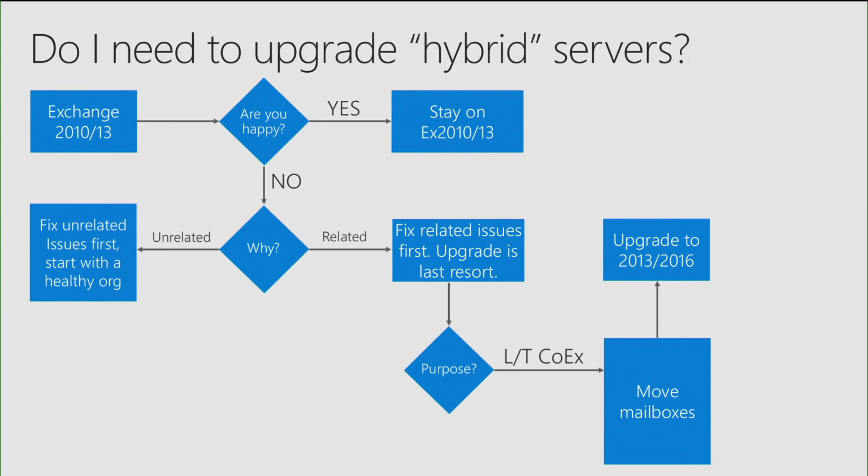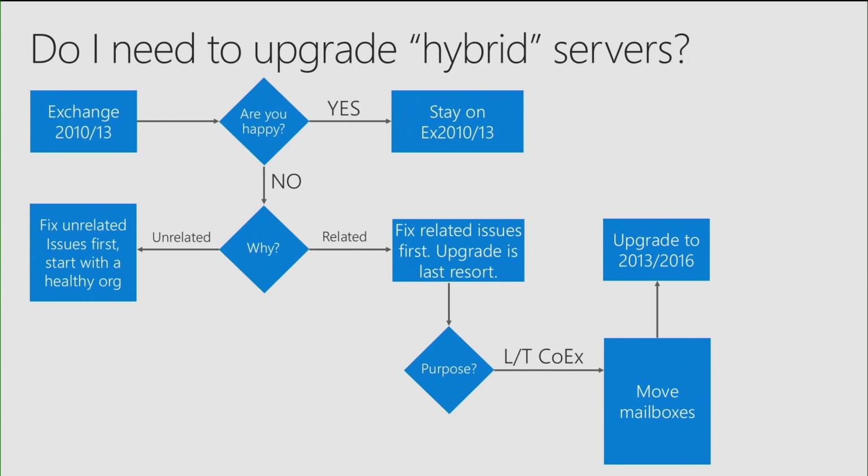If that's the case, move mailboxes first. In other words, go ahead and establish that hybrid connectivity and get that mailbox migration process done. Once it's done and you're happy with where the mailboxes are located, everything's working well, then at that point you can upgrade those hybrid servers, or those servers that are used to maintain this connectivity between Office 365 and your on-premises deployment, to 2013 or 2016.